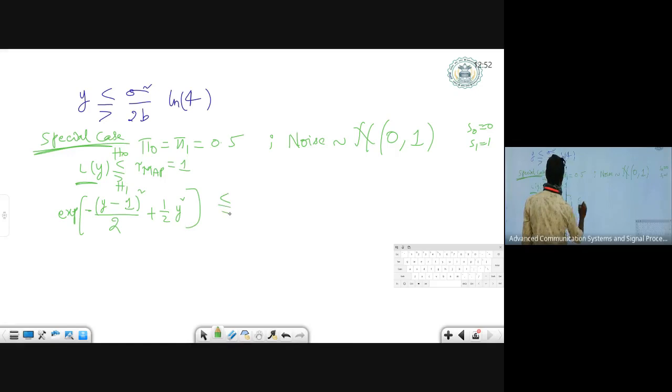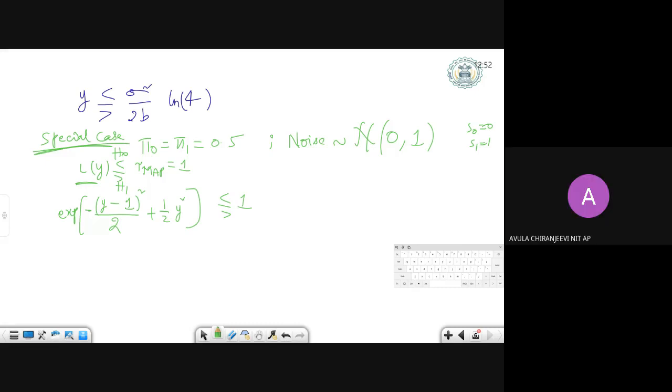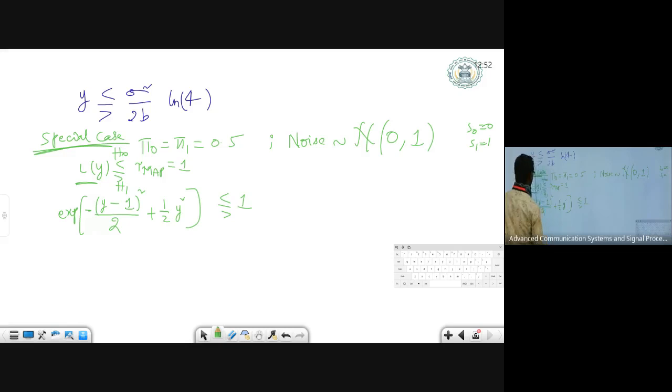Am I right or wrong? Yes, sir. So if I solve this, what will be the condition for y, H naught or H1?